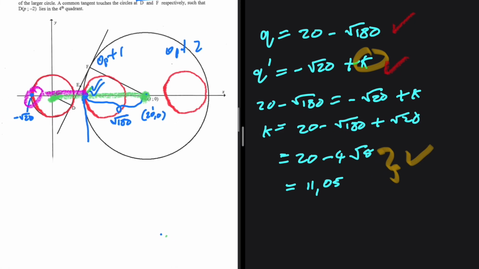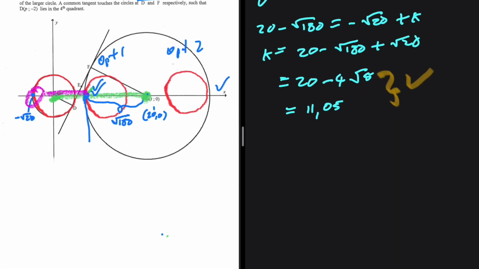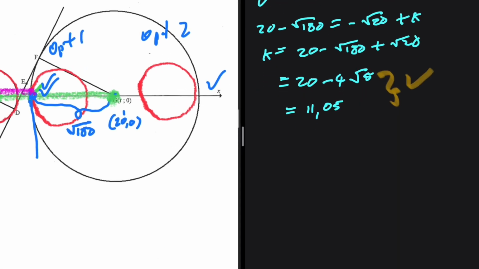Now let's look at the other case where they touch at this point. Okay, so let's find the x value at this point. Let's call it z. So z will be equal to the x value at the center, which is 20, plus the radius of the larger circle. So 20 plus square root of 180.